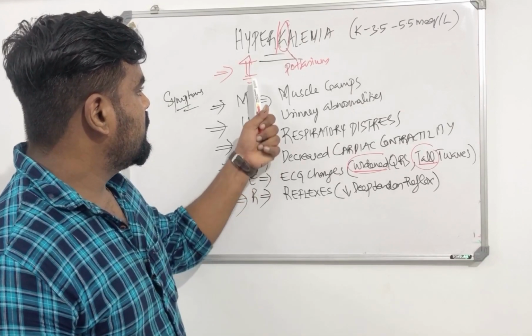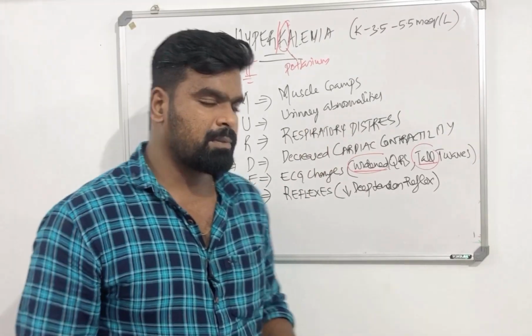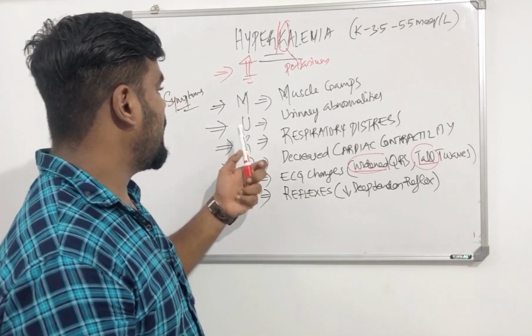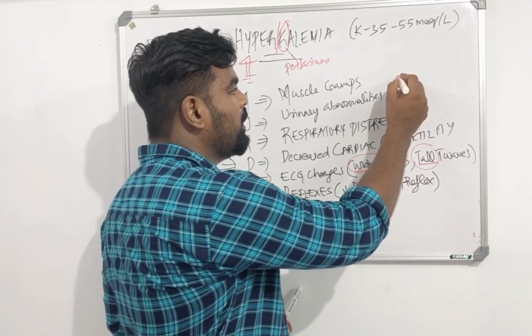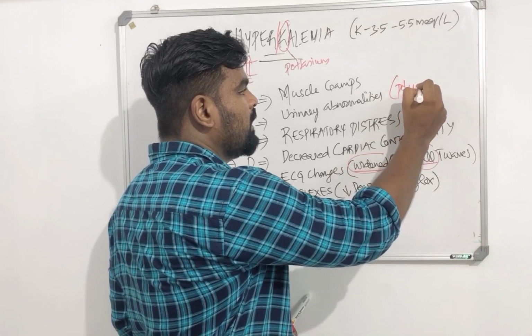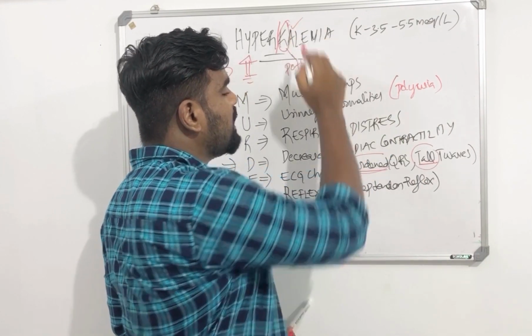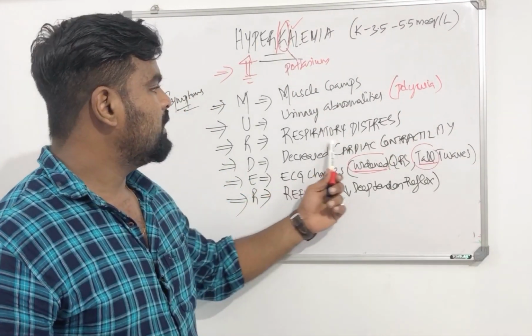So once the potassium is very high, there is a chance for muscle cramps because the muscles become very weak. Second, urinary abnormalities. You can see polyuria in this case, because our kidney will try to excrete the excessive potassium from the body. Third, respiratory distress.